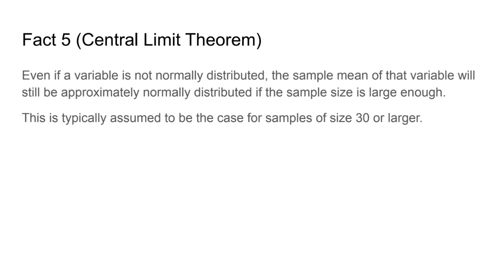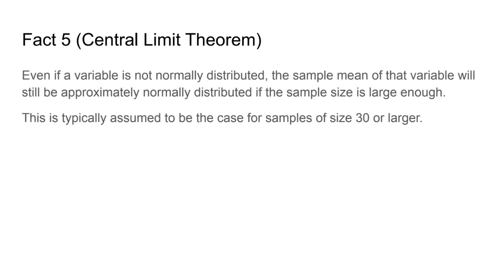Now, what does it mean that it's large enough? We typically assume that to be the case for samples of size 30 or larger. Now, this is just approximately normal, but for all intents and purposes, that's typically good enough for statistical analysis.